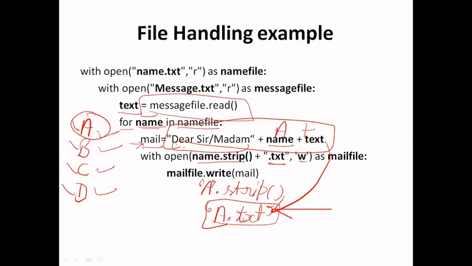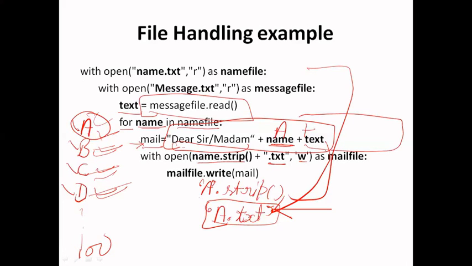If our name file contains, suppose, hundreds of names, this simple code will create 100 text files, each having the name a.txt, b.txt, c.txt, d.txt and so on, and each file contains a specific message like dear sir or madam and the name of the person, that means A, then B, then C, then D, and then the message we want to greet them with.